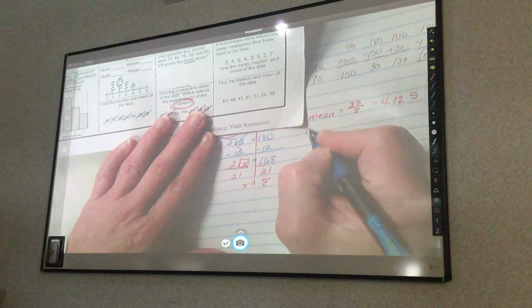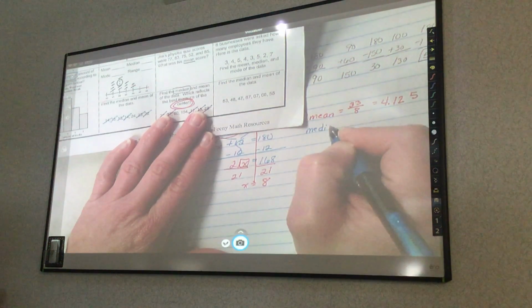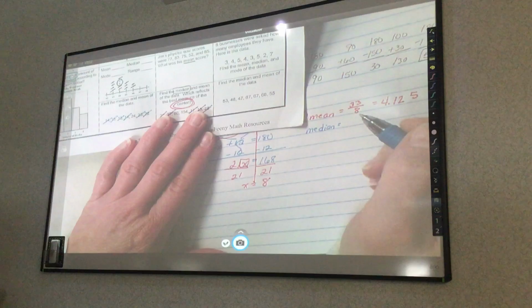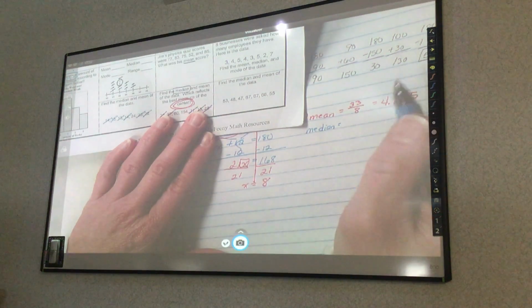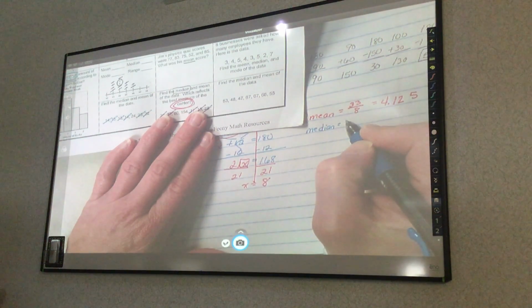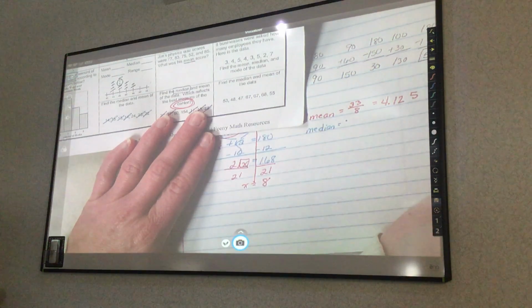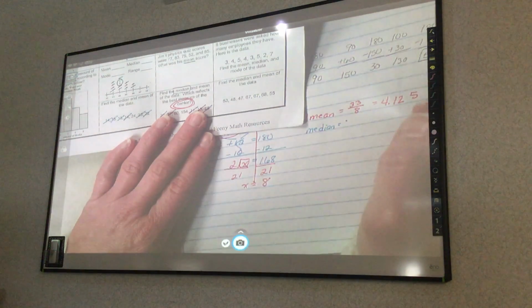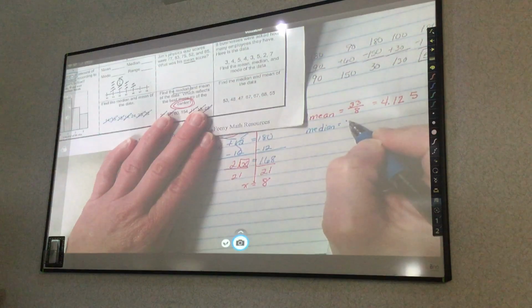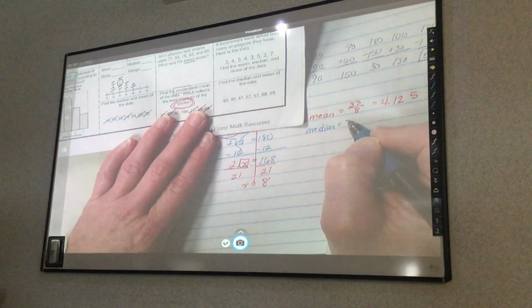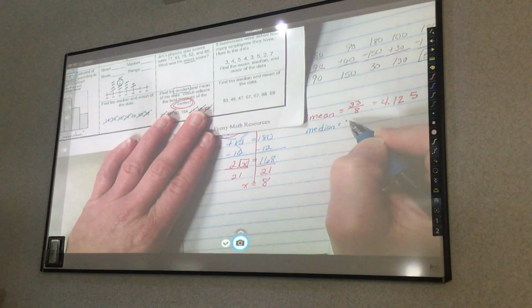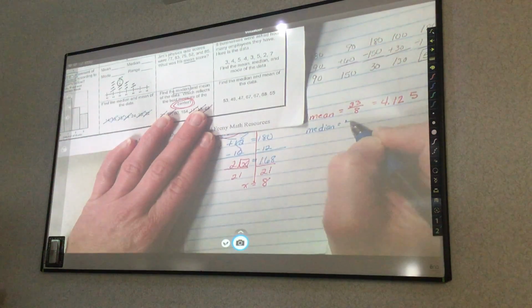The median, how do you find the median? Put it in order from least to greatest. And then you take one from the front, one from the back. Do I need to show this to you guys? Okay? And so the answer would be what? What's the answer for the median? 4. Okay.